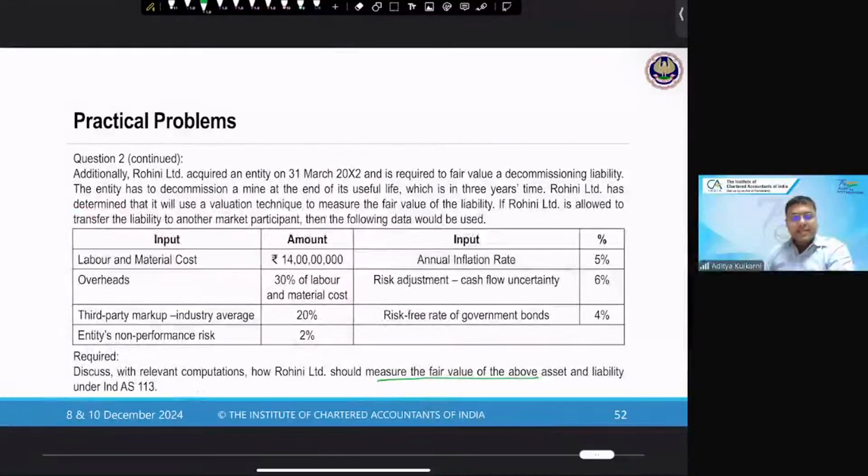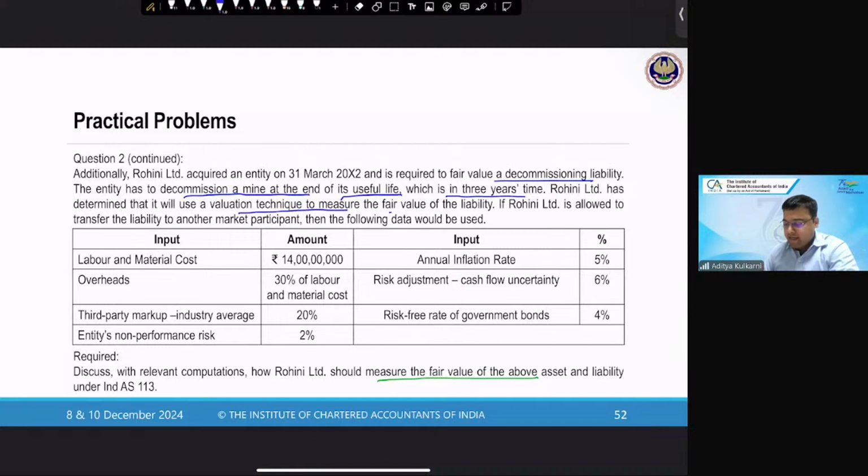Now we come to the next part. Additionally, same question what we just now did. Acquired an entity required to fair value a decommissioning liability. The entity has to decommission a mine at the end of its useful life, which is in 3 years' time. Rohini has determined that it will use a valuation technique to measure the fair value of the liability.